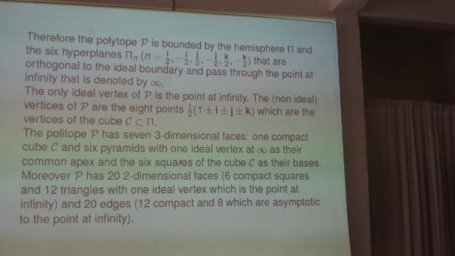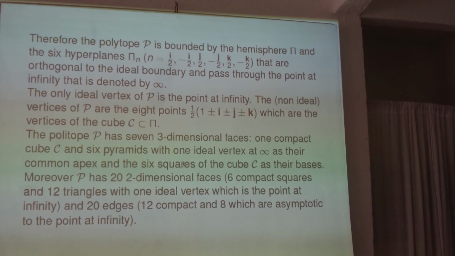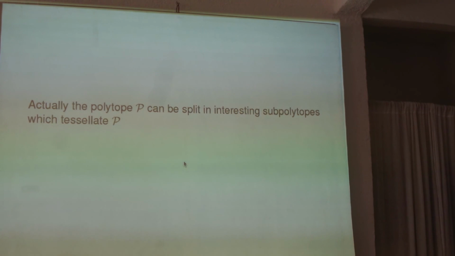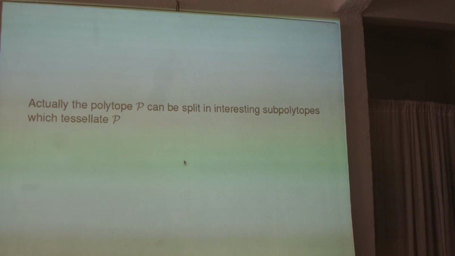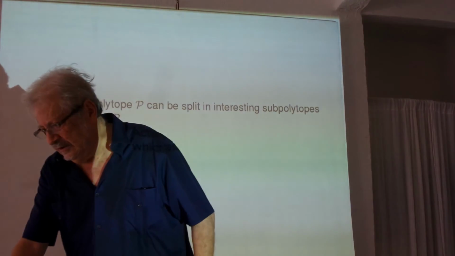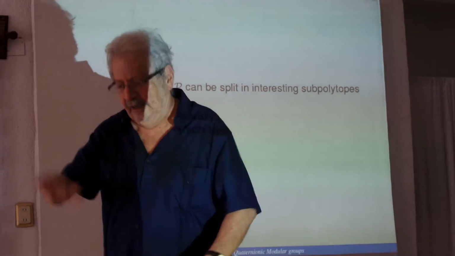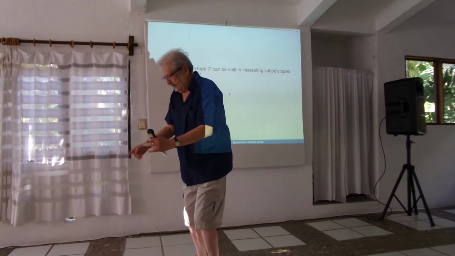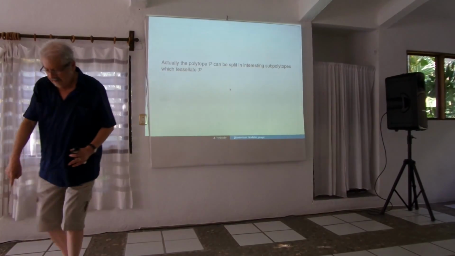I think I put too much material in this. Let me see how I escape. Well, the polytope P, the chimney. So this is R3, this is R4, half R4, and here I have an igloo. You see this cube here?